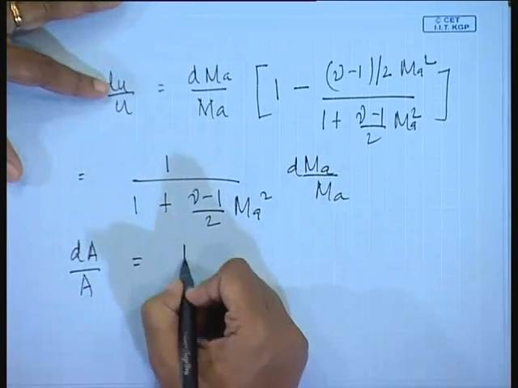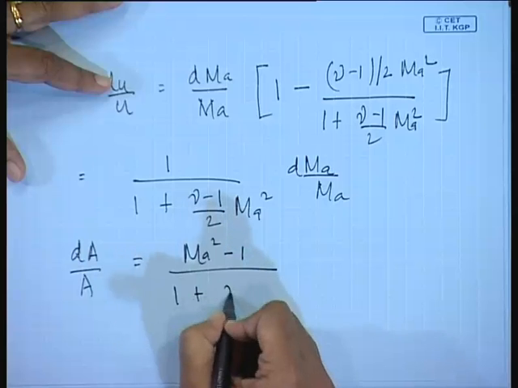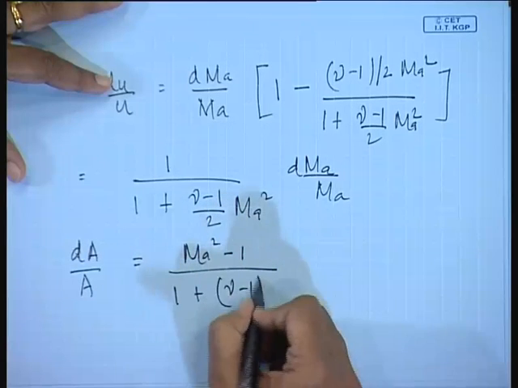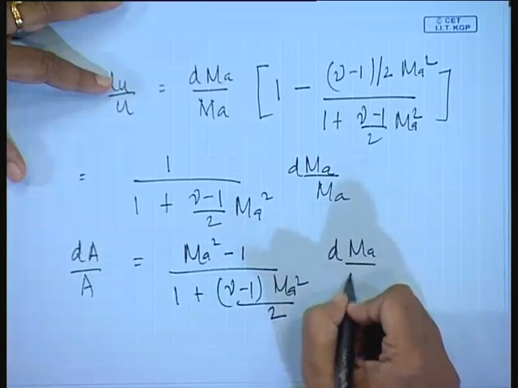Then we get Ma square minus 1 by 1 plus gamma minus 1 by 2 Ma square, dMa by Ma.